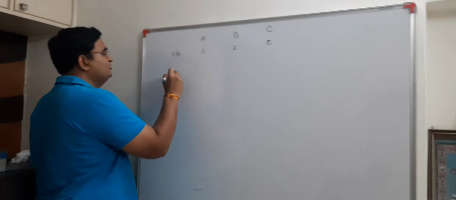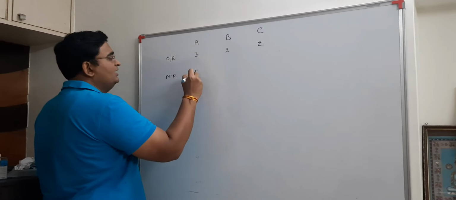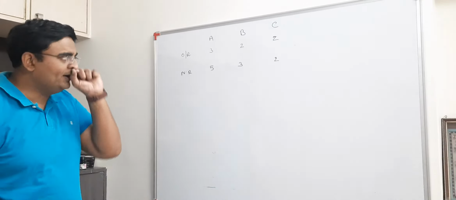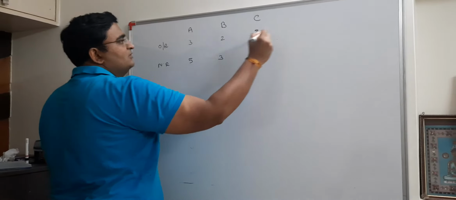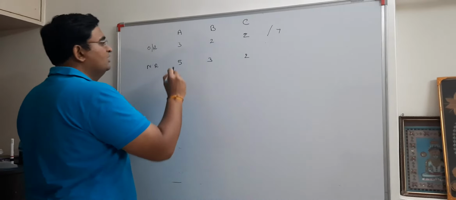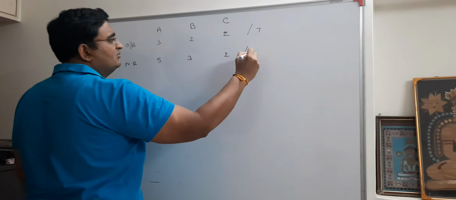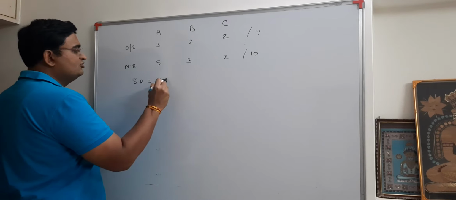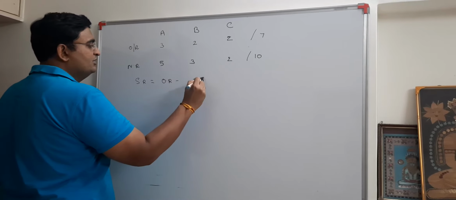What will be their new ratio? 5:3:2. This is a simple example I have taken. So 3 plus 2 is 5, 5 plus 2 becomes 7. 5 plus 3 is 8, 8 plus 2 becomes 10. What we need to find, sacrifice ratio, is equal to old ratio minus new ratio.